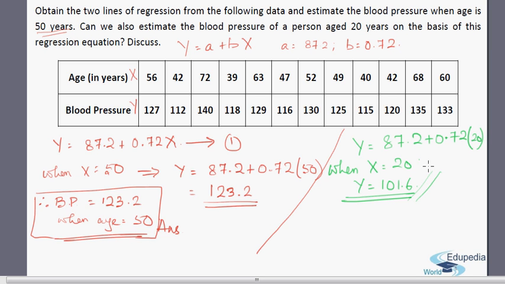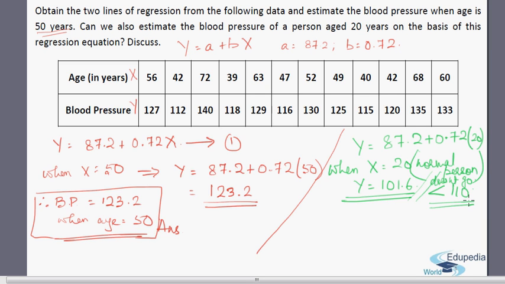If we assume that this is a normal person, then we know that the blood pressure of a normal person does not go below 110. Therefore, this result reflects the limitation of regression analysis with regard to estimation or prediction.